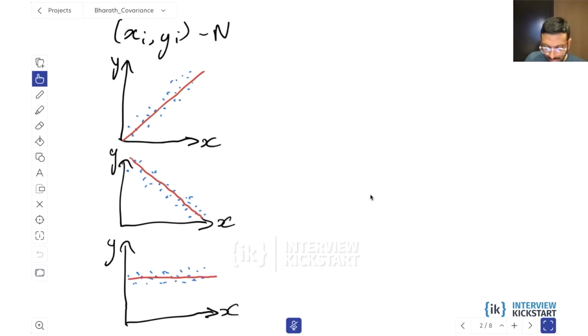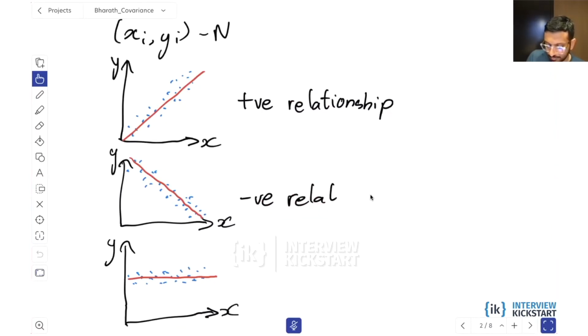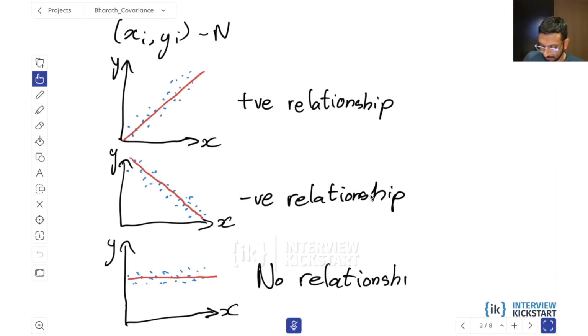So in each of these cases over here, we say that there's a positive relationship. In this case, we say that there's a negative relationship. And in the final case, we could just say there's no relationship between x and y.